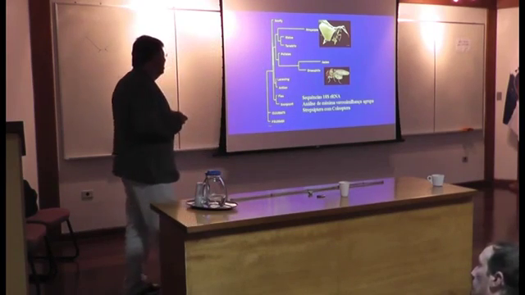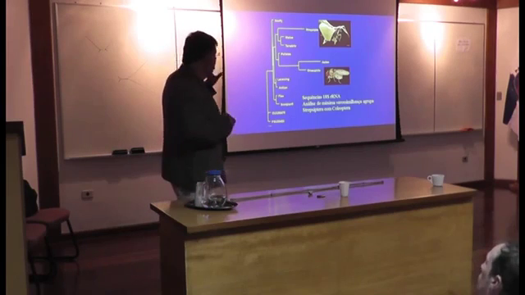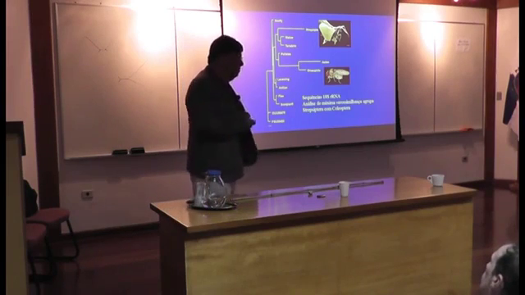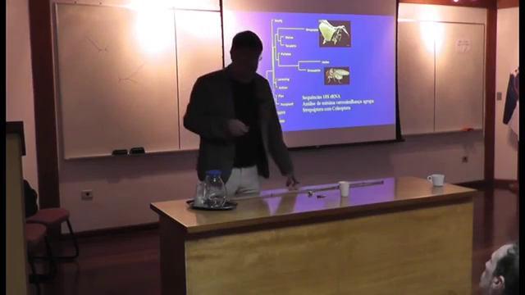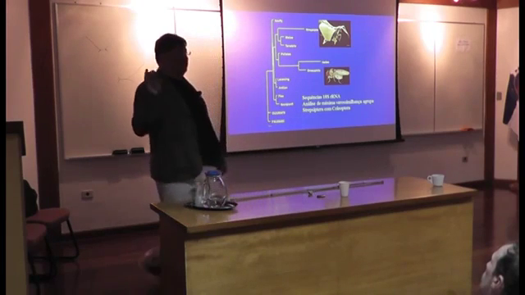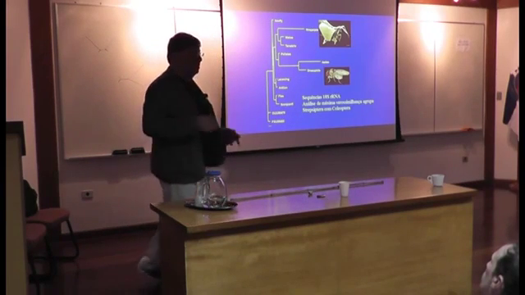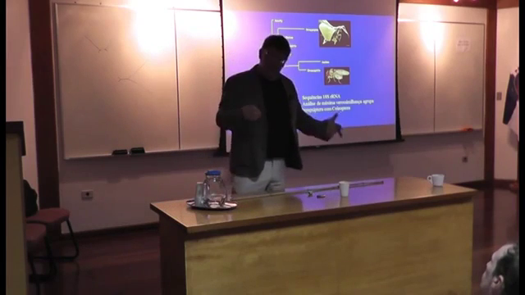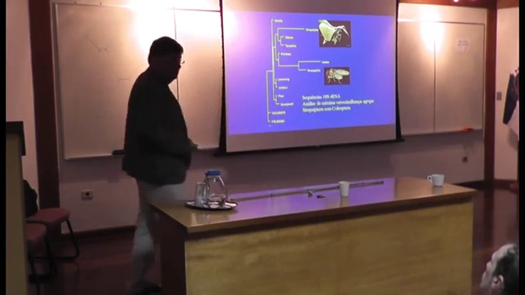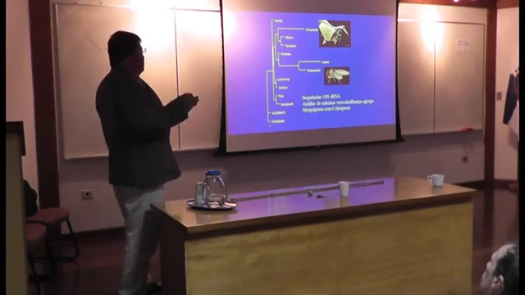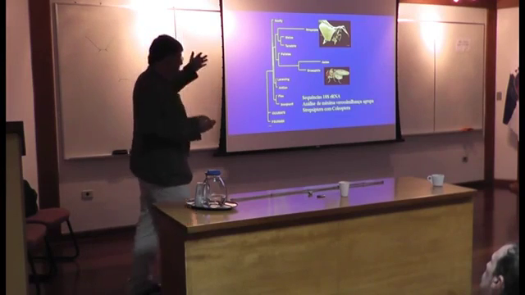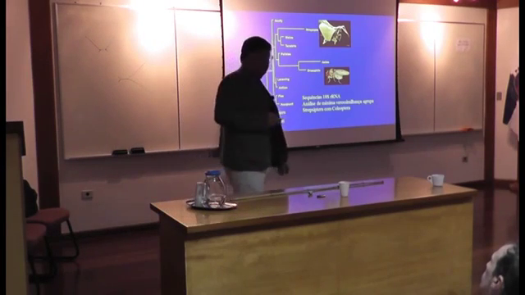It put Strepsipterans with Coleopterans. So apparently the maximum likelihood result is right. But of course you have to keep some reservation about this because genomic analysis is still in its infancy.